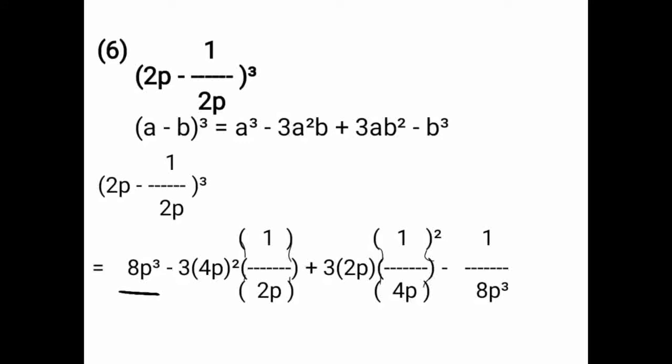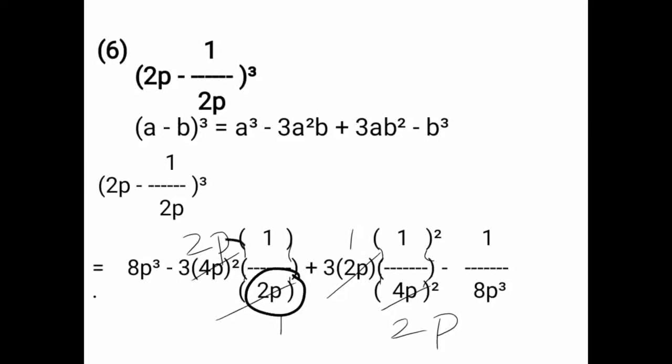A cube minus b cube you have to write as it is for the next step also, because you have already solved it. And if you want to do cancellation, you have to do it in minus 3a square b plus 3ab square, which you are writing in multiplication form. We will begin cancellation now. That is equal to 8p cube minus 3 into 4p square into 1 upon 2p. In minus 3a square b, you have to do cancellation of 2p and 4p square.